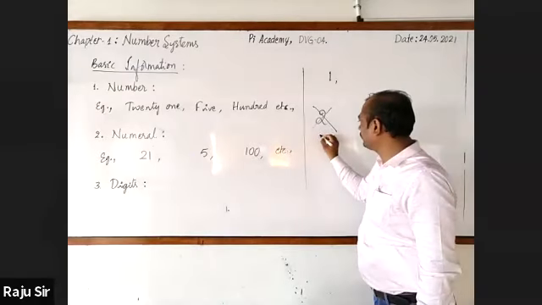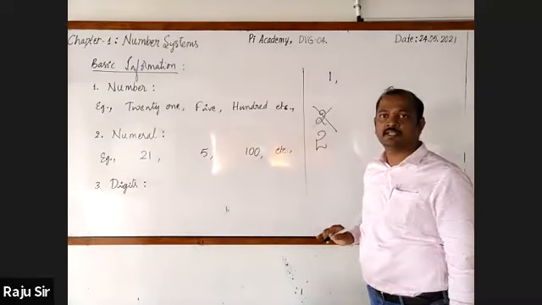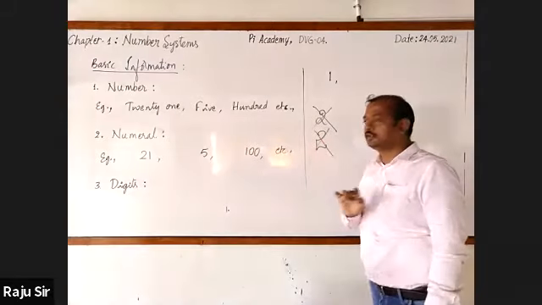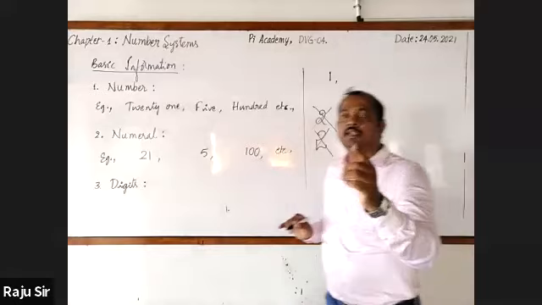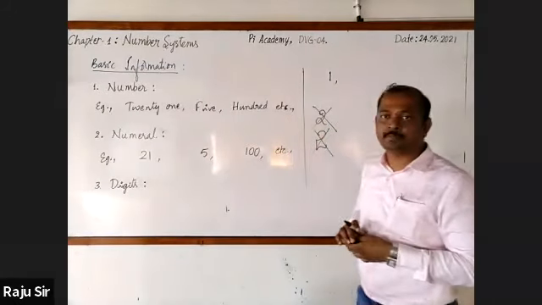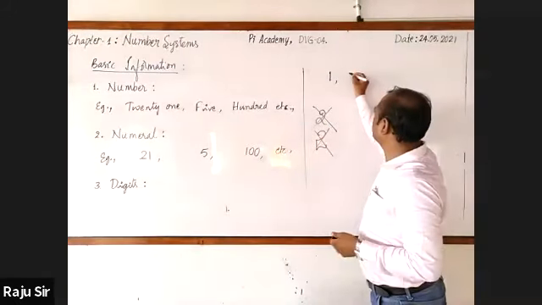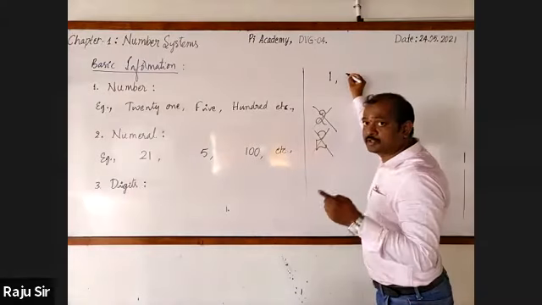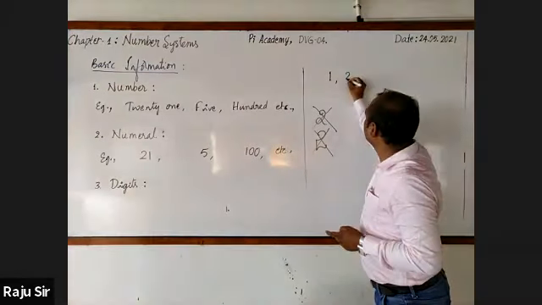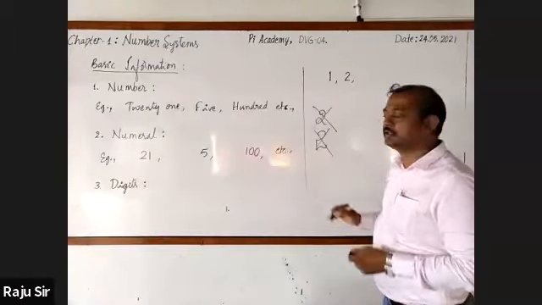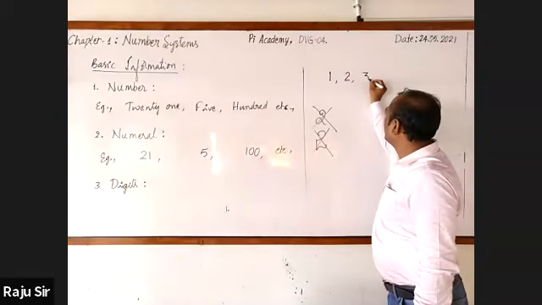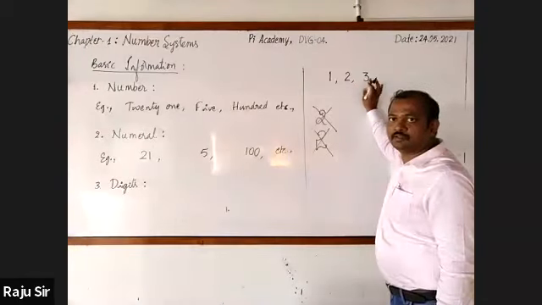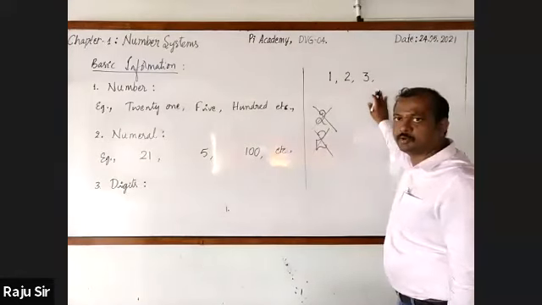Even some will write in a stylish way, like this. It is also not accepted. The internationally accepted symbol to represent the digit 2 is this, observe the board, the way I am writing. This is 2. And similarly, 3 should be written in this way. I've told you not to write anything, just observe the board.